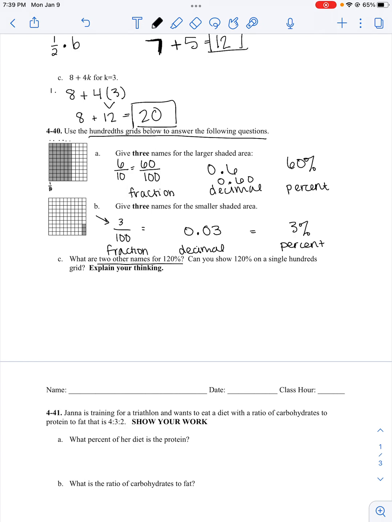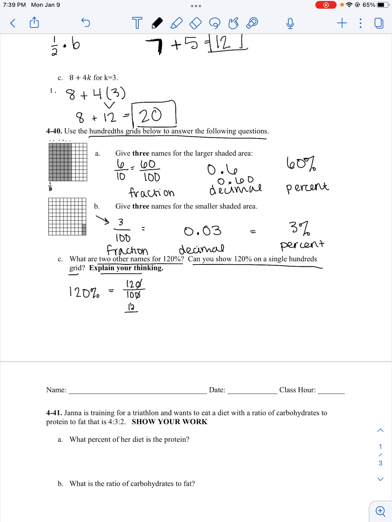Part C, what are 2 other names for 120%? Can you show 120% on a single hundreds grid? Explain your thinking. So if I have 120%, remember that percents are fractions out of 100.